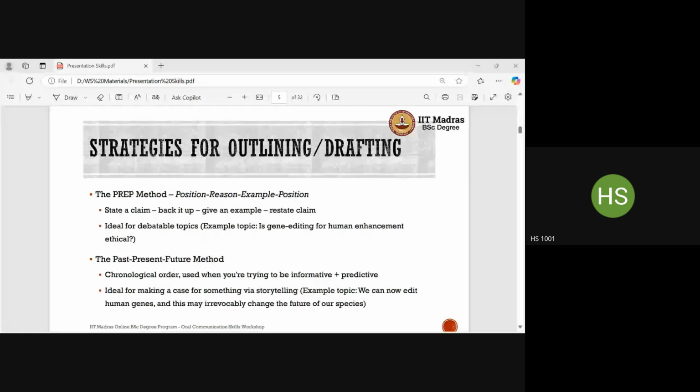Premanand, right? Yes. Ma'am, can you please re-explain the restate claim part because I couldn't understand that. Whatever your opinion is, that is what you begin with, right? So you've already stated your opinion once. In order to conclude, you state your opinion again.